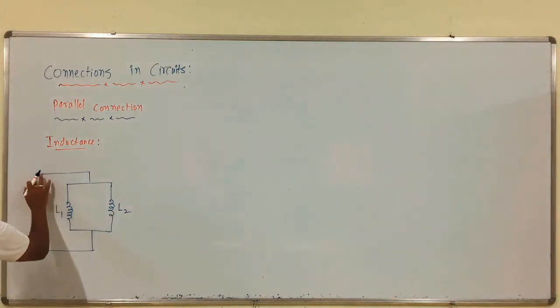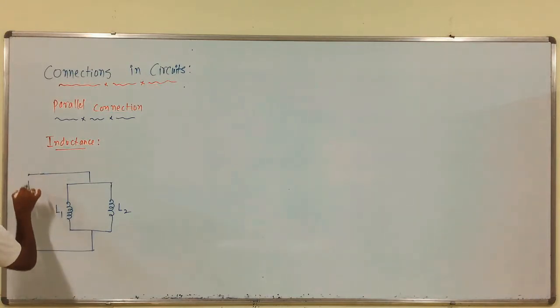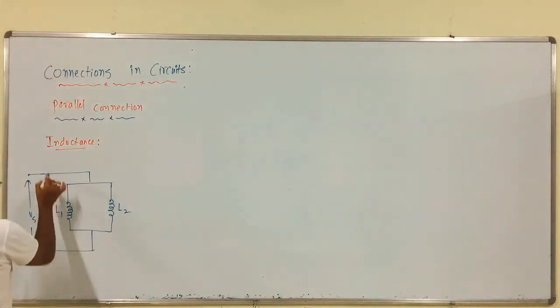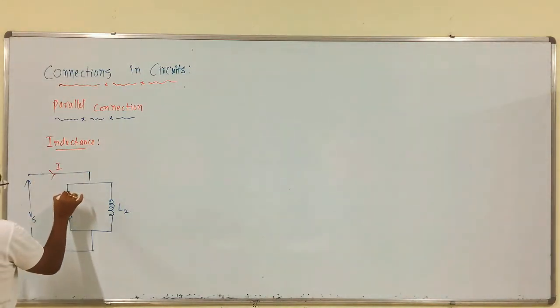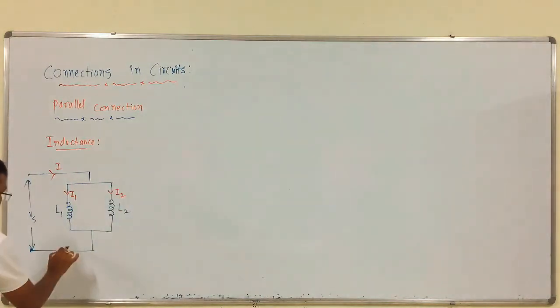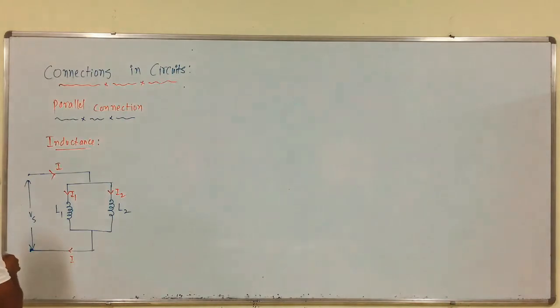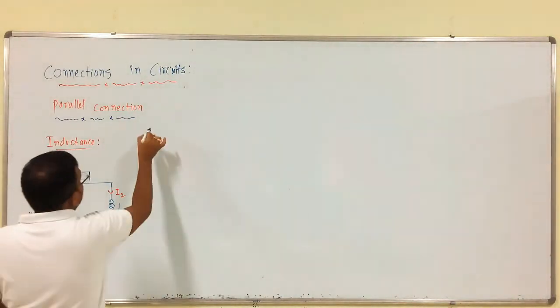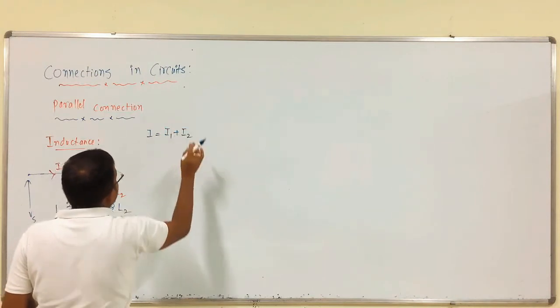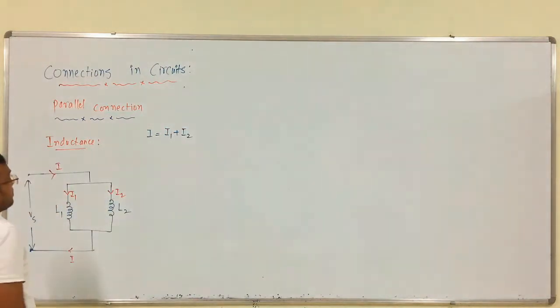If we know the concept of resistance, then the concept of inductance is very easy. Both are the same. Based upon this supply voltage there is a current, this is the current in this branch, this is the current in this branch, this is I. Therefore, I is equal to I1 plus I2.